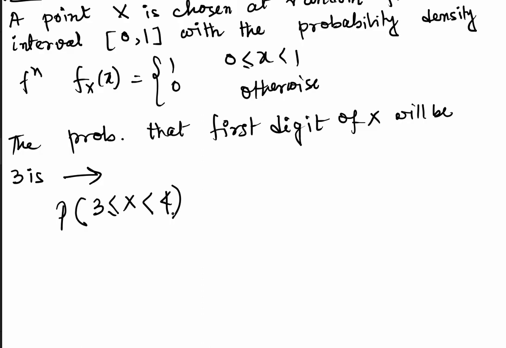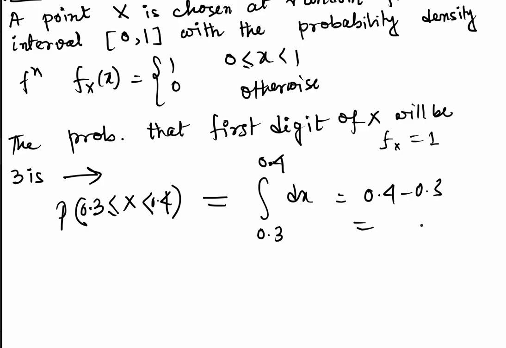So we have to calculate this probability, which is from 0.3 to 0.4. For the uniform distribution, the probability density function f(x) is 1. So this is basically 0.4 minus 0.3, which is 0.1, that is 1 by 10. So that is the answer.